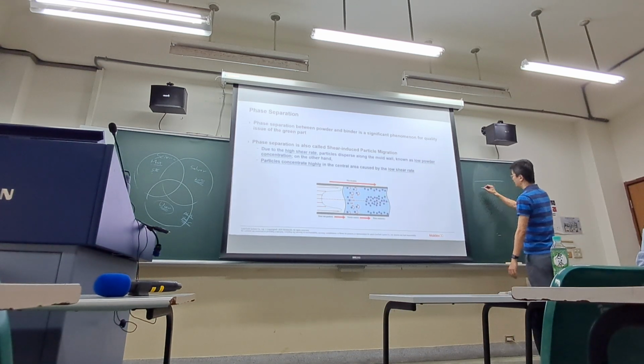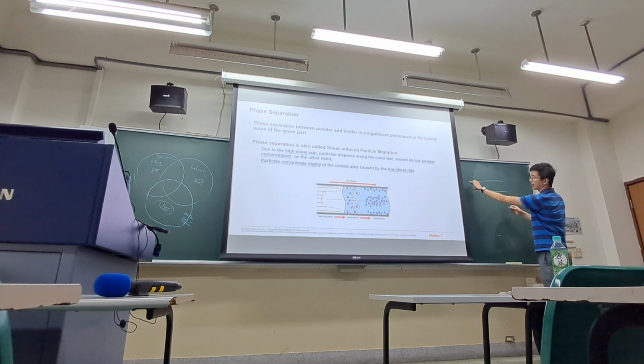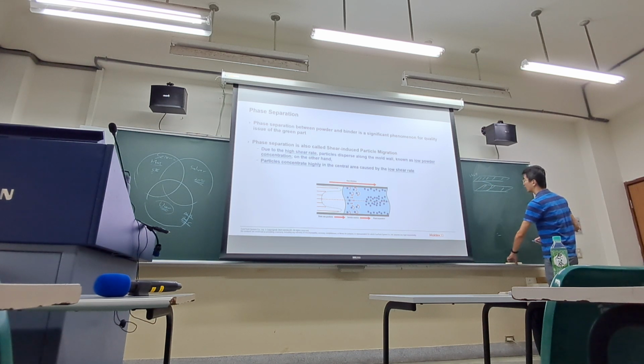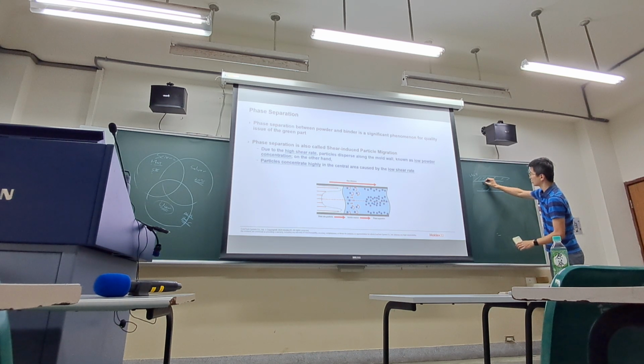So this is the thickness, right? This is the wall, so velocity is 0 at the wall, and velocity is higher in the middle and 0 near the wall.